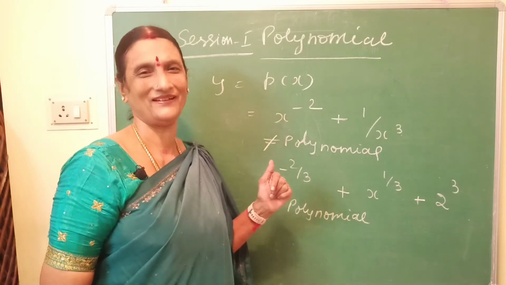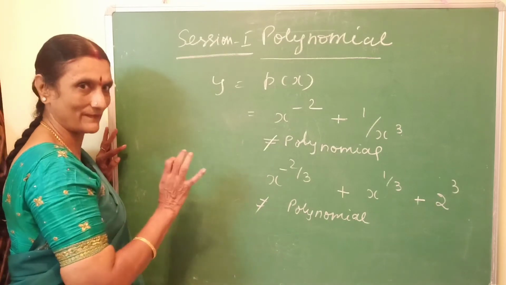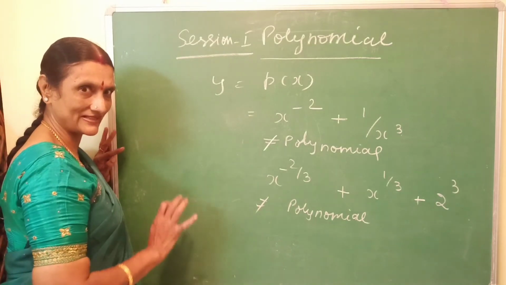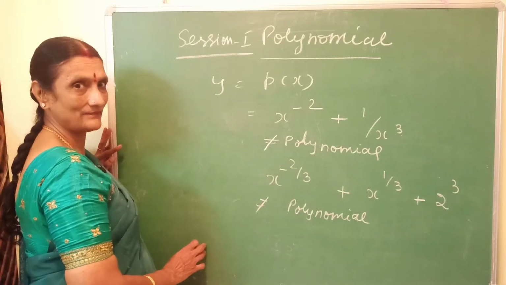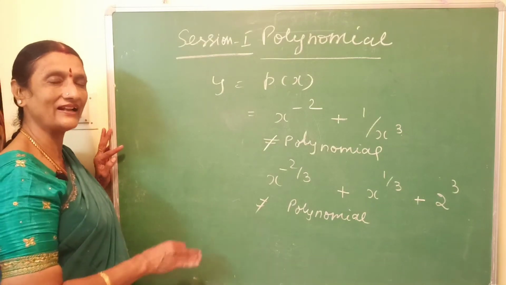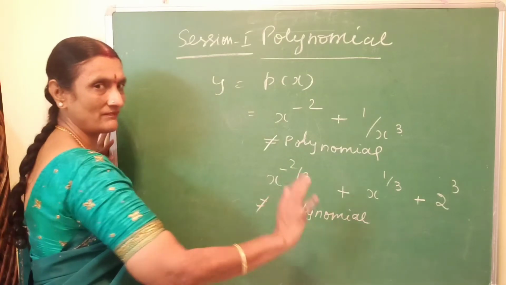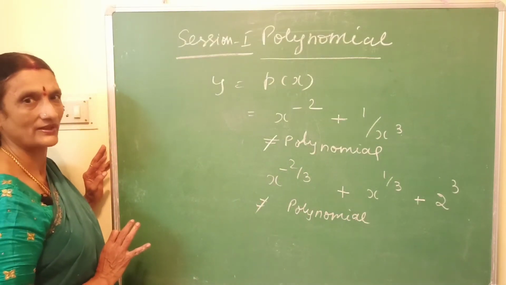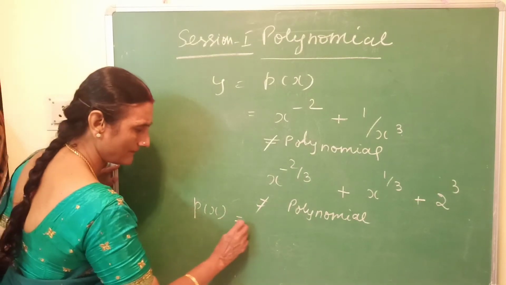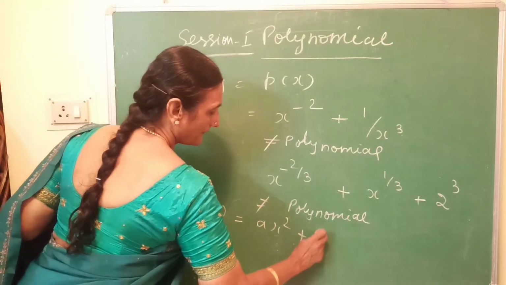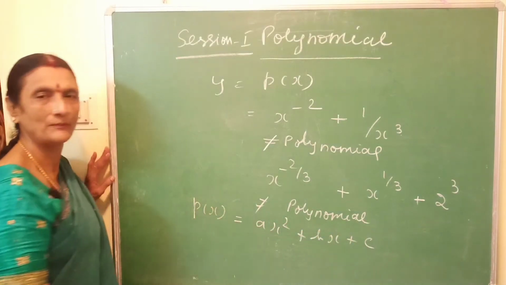Then what is a polynomial? A polynomial is a connectivity or a relationship between the variables x and y in which the variables are connected with only integral positive powers. We cannot have even negative powers. We cannot have even positive and negative rational numbers. So the representation of polynomials should be something like ax square plus bx plus c, where the powers are all positive.